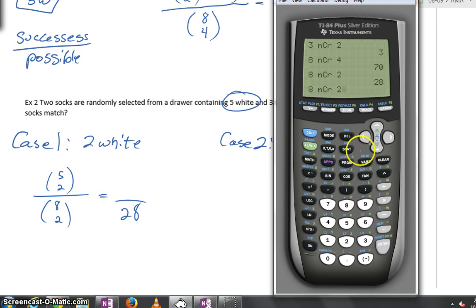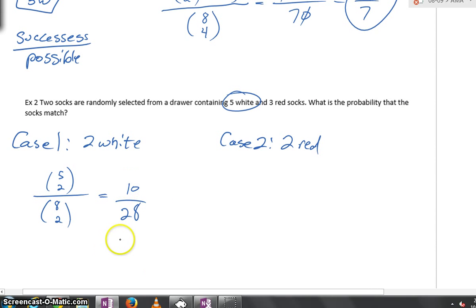All you got to do is just go all the way over here. You can see you get 10. And you could reduce this, 10 over 28, we could divide out a 2. You'd get 5 over 14. That, by the way, is not the final answer. It's just the probability of getting a white matching pair of socks.